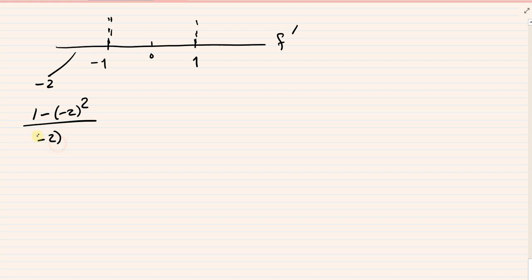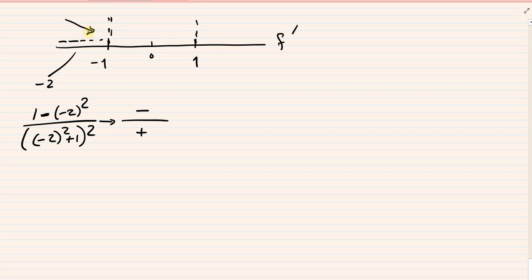Because the denominator is positive, isn't it? We just said it can't be 0. It's always positive, you square it. So the denominator, because of the squaring here, is always positive. So just test the point in the numerator. Negative 2 squared is 4. 1 minus 4 is negative 3, negative.